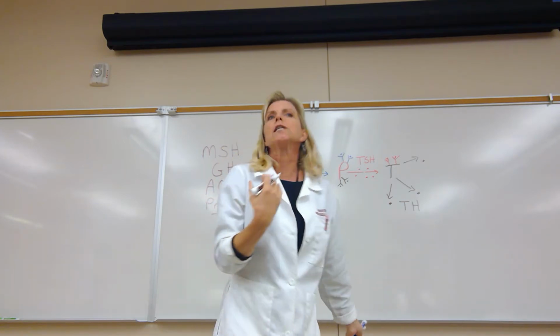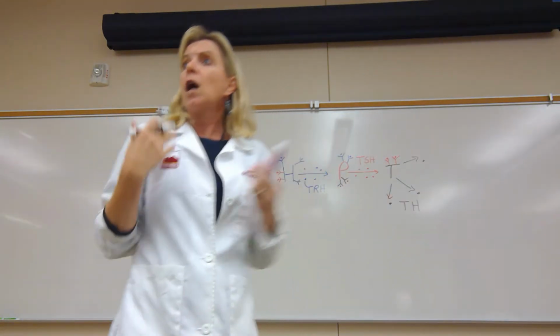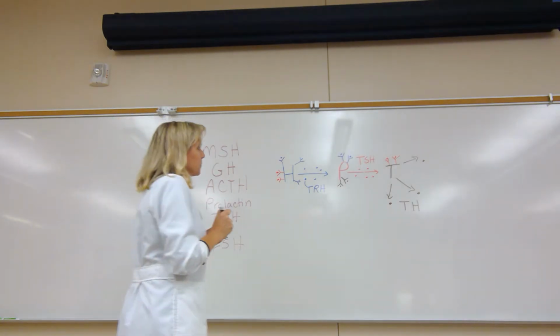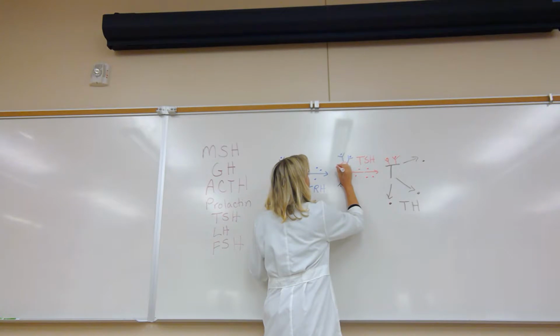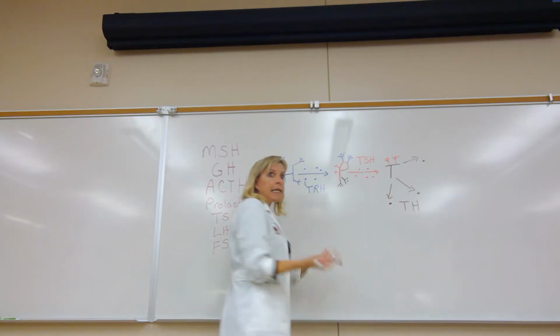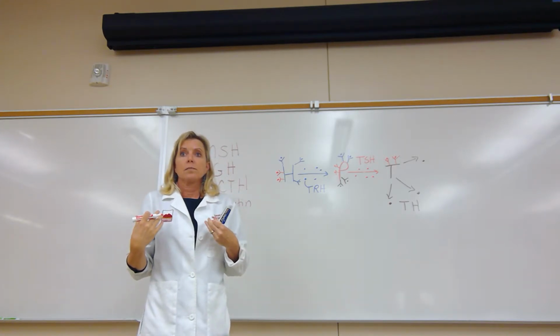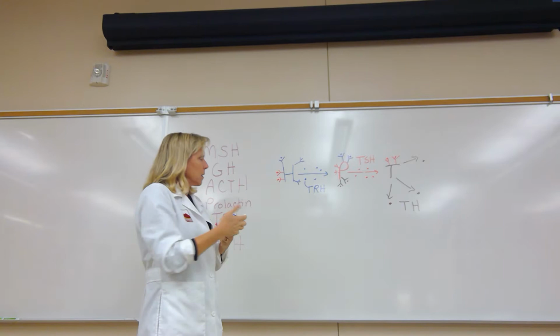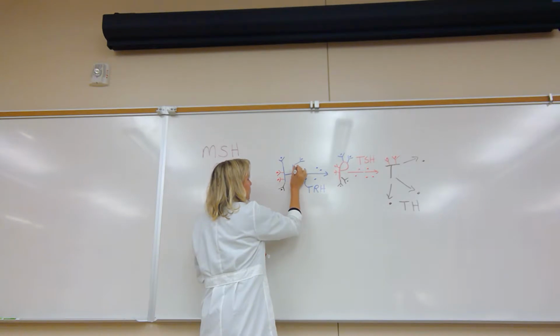That's how it knows that the thyroid gland got the message. I didn't draw it, but the pituitary gland also has receptors for its own hormone. Again, I need to know if I've released my signal. The hypothalamus also has receptors for thyroid hormone.